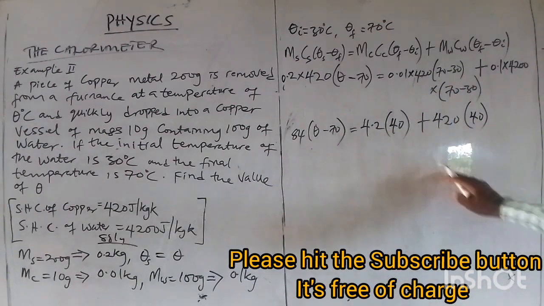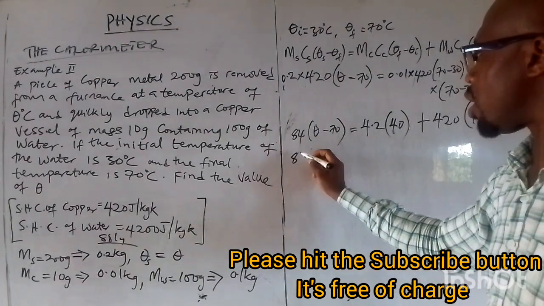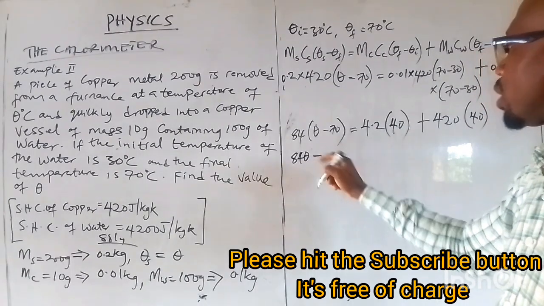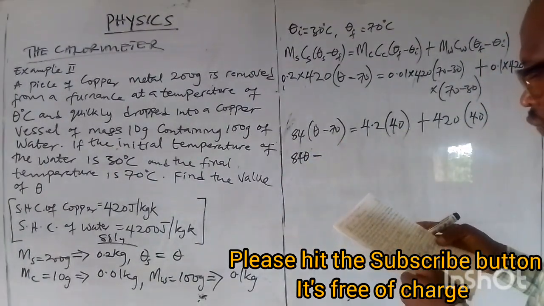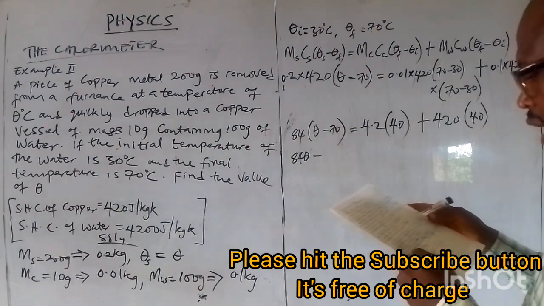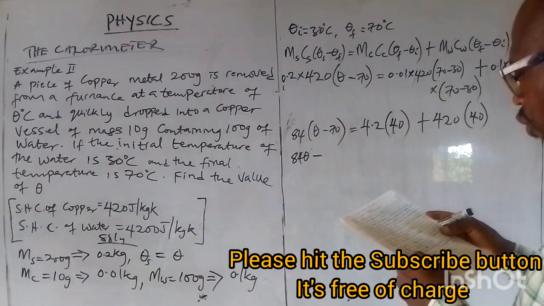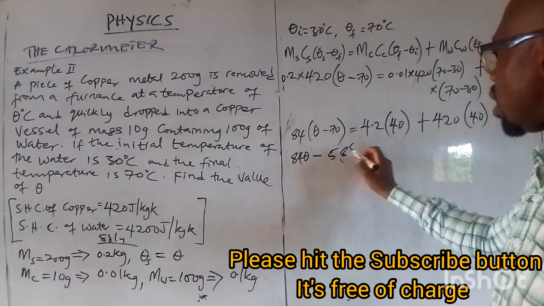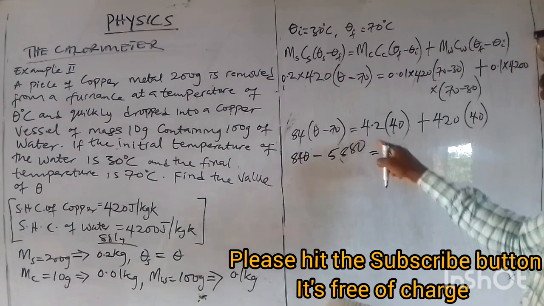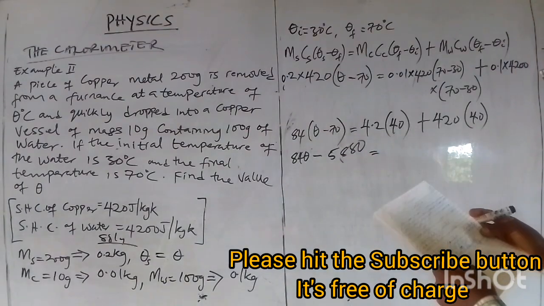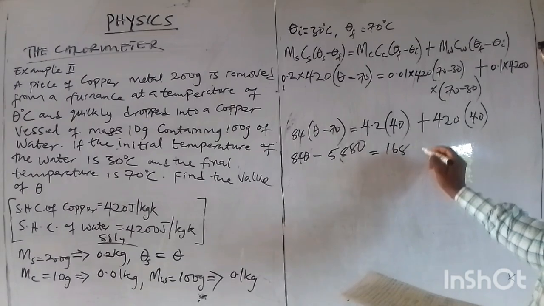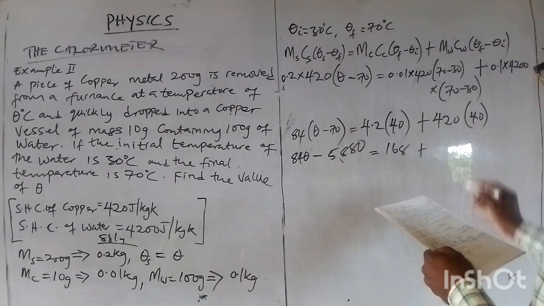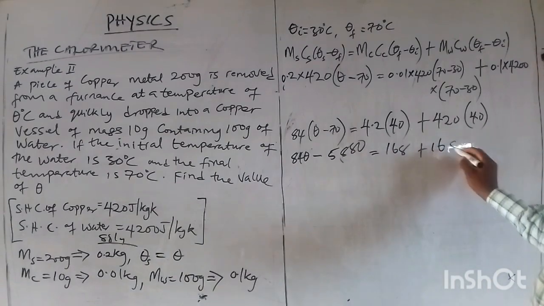Now we open this bracket. It will now have 84 theta minus 84 times 70. So 84 times 70 will give us 5,880, which is equal to 4.2 times 40, which will give us 168, plus 420 times 40, which will give us 16,800.